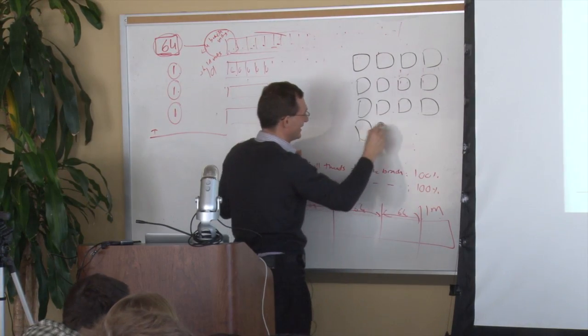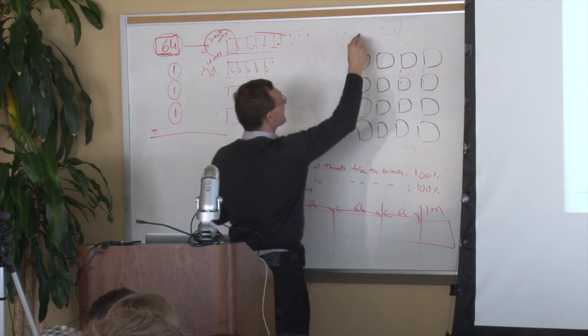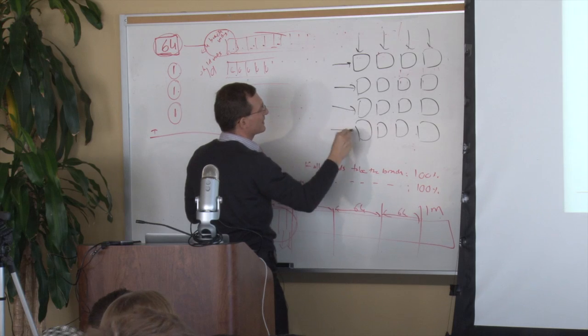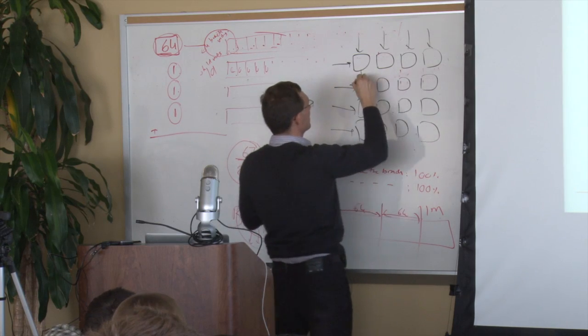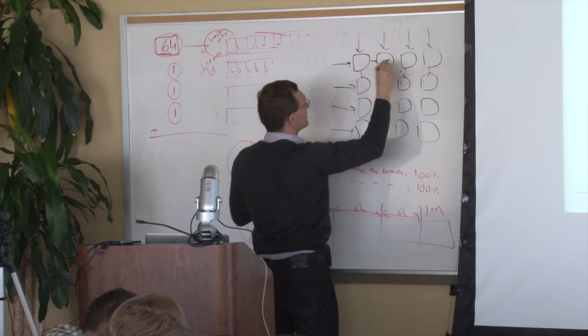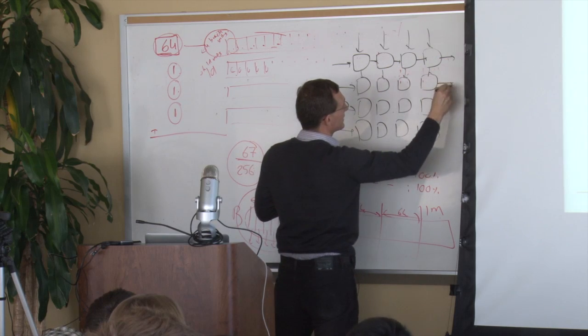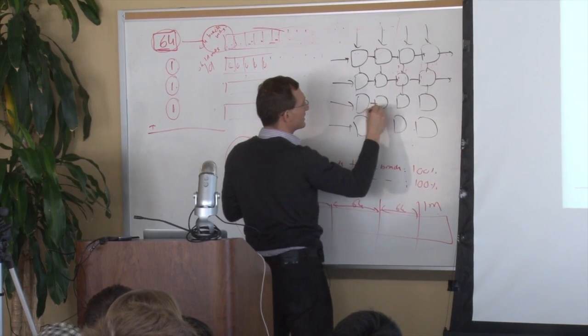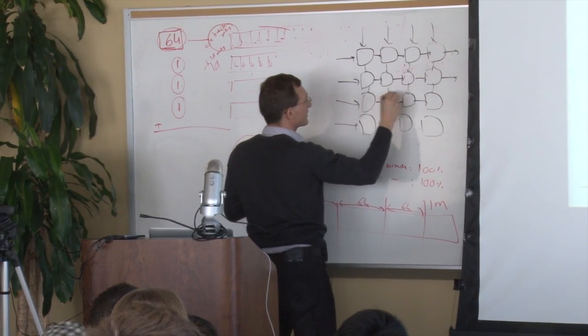So what you can do is have inputs coming from the left and right, and then connections between the systolic elements, the systolic arrays, like this. In this case, these are directional, unidirectional connections.